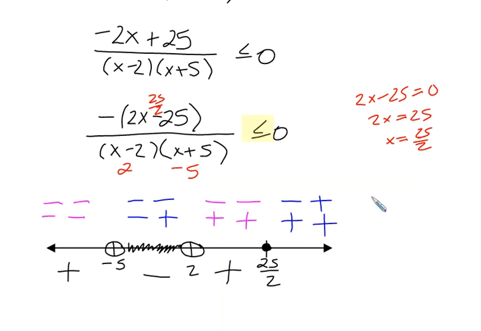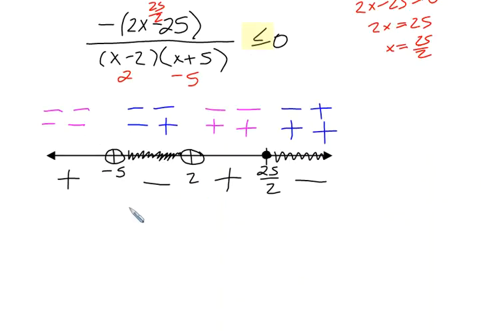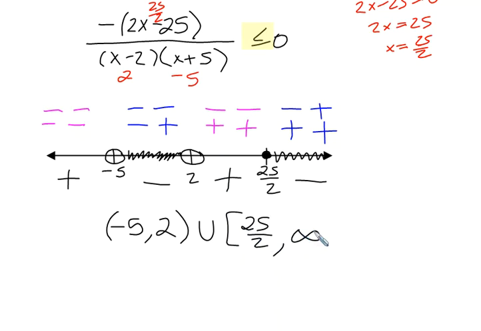A negative times a positive times a positive times a positive, that would all be negative, which is less than or equal to 0, so we will shade in that region. Finally, for interval notation, the solution on this one would be negative 5 to 2, both with rounded parentheses, union, rectangular parentheses, 25 halves to infinity.